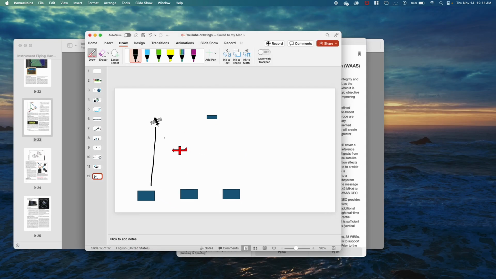So what it looks like is this. Normal satellite to a reference station, master station where it does all the correction, then the uplink station sends it to a geostationary satellite. This just means that it rotates with the Earth. So let's say a geostationary satellite was right above Arizona at all times.